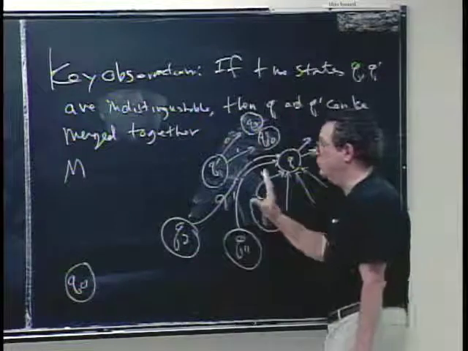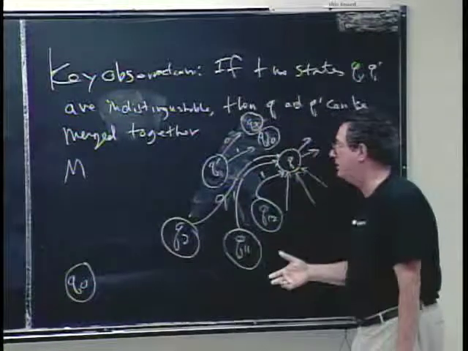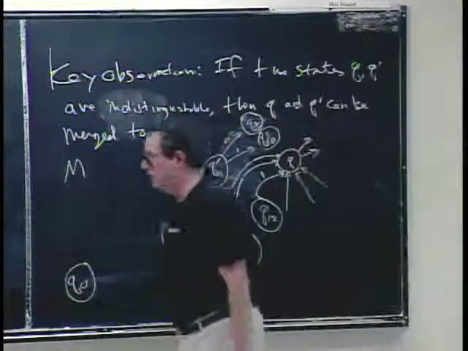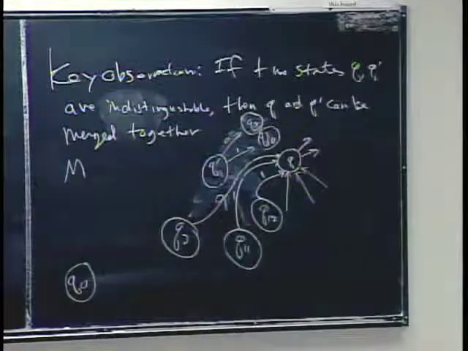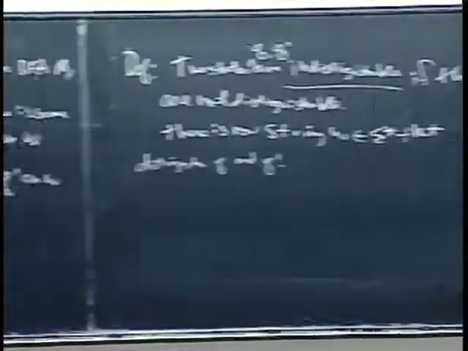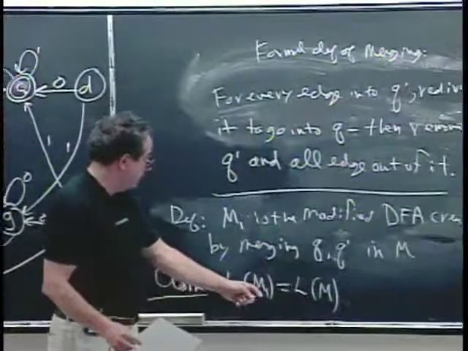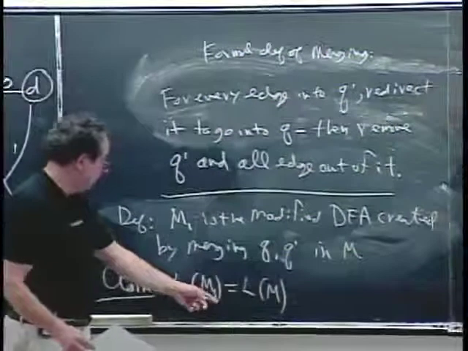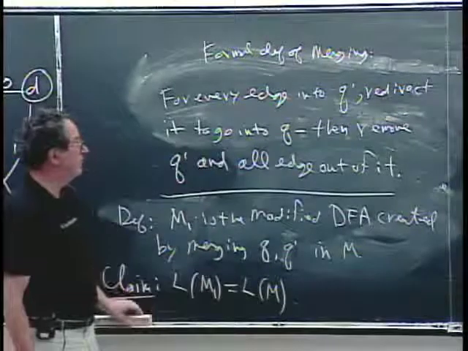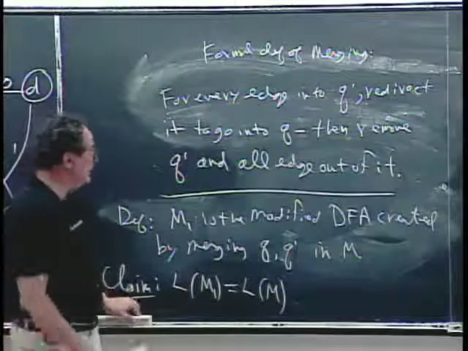So this is a key point. I've given you that justification in this particular picture. You can try to write down a more general expression of that. But we have proven effectively through what I was just saying that the language recognized by M1 is the language recognized by M, after having done that one merge operation.